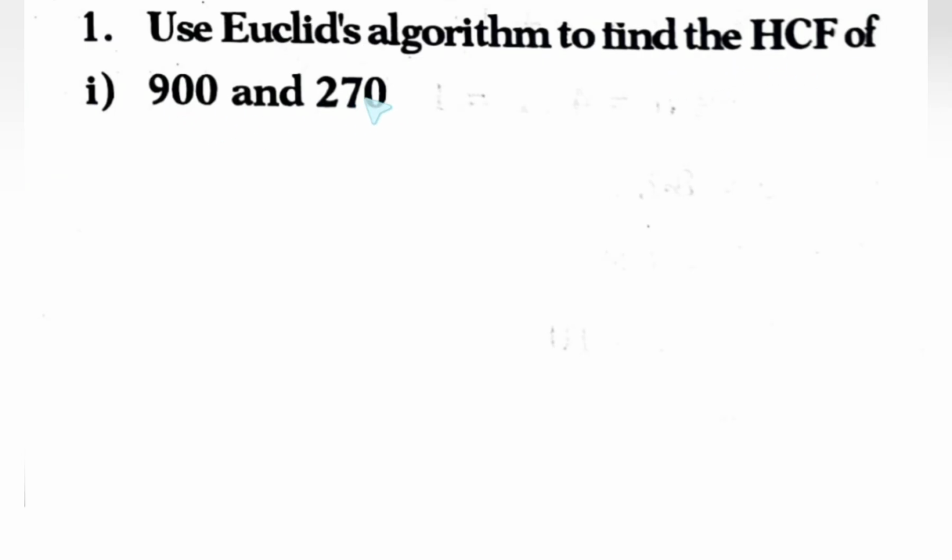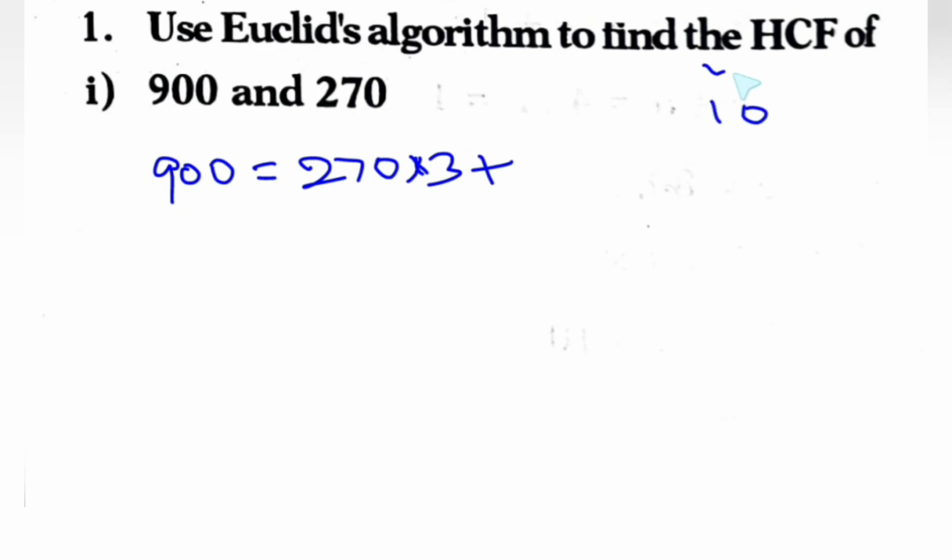Here a equal to 900 and b is 270. 900 is equal to 270 into 3 times, plus the remainder. 270 into 3 is 810, and 900 minus 810, the remainder is 90. The remainder is not equal to 0.